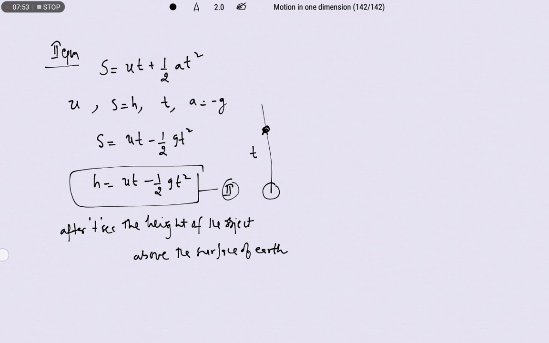Now let us take equation number 3. So what is equation number 3? According to equation number 3, we know that v square minus u square equals 2as. So we know the value of final velocity 0, 0 square, initial velocity u square, 2 into minus g into h, we can write.